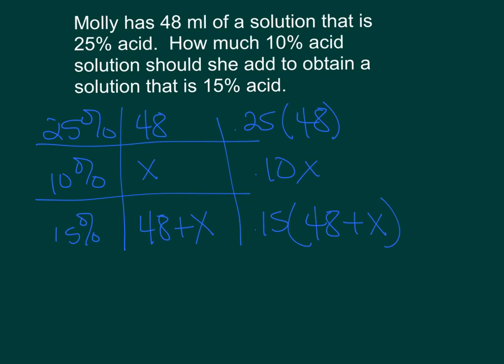All right, so 0.25 times 48 is going to be 12, plus 0.10x equals 7.2 plus 0.15x. Okay, so I'm going to subtract 0.10x from both sides, and I get 0.05x equals, if I take 12 minus 7.2, that's going to be 4.8.